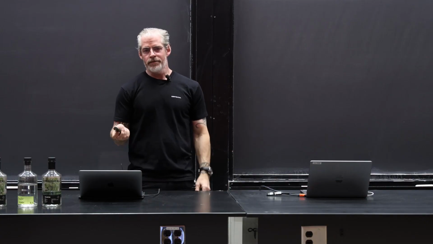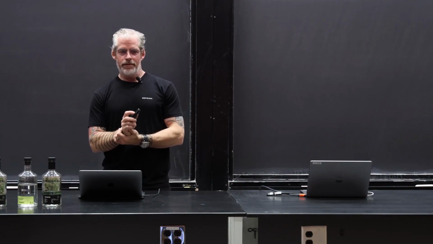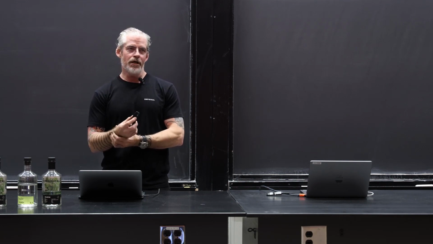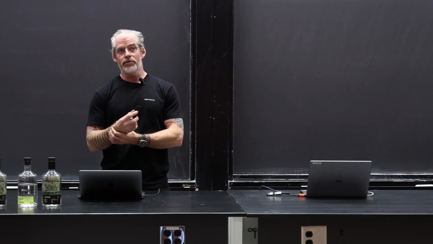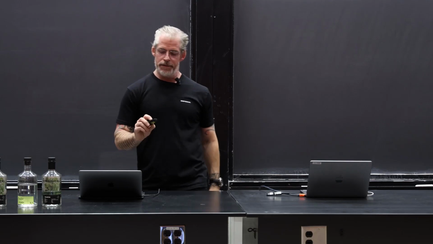So we found a very grumpy farmer who was willing to pearl our barley to 60%, so we're polishing off 40% of the actual barley grain to get it down to the consistency that we wanted.